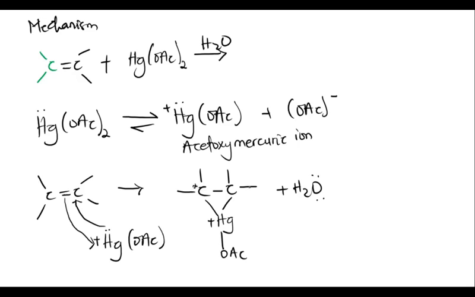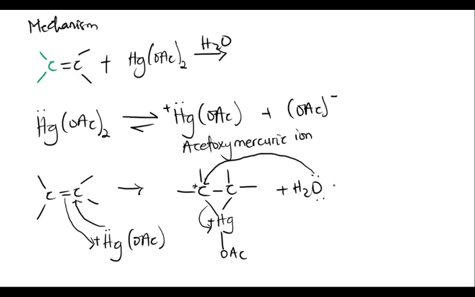The water will attack the most substituted carbon, because this reaction, like I said, goes by Markovnikov's addition. So when water attacks, it will not attack through this face because this group is a bulky group. Okay, so it will not permit water to attack through this face. So water has no option but to attack through the other face, or the anti face. Okay, so water will attack this carbon through the back, breaking this bond onto the mercury.